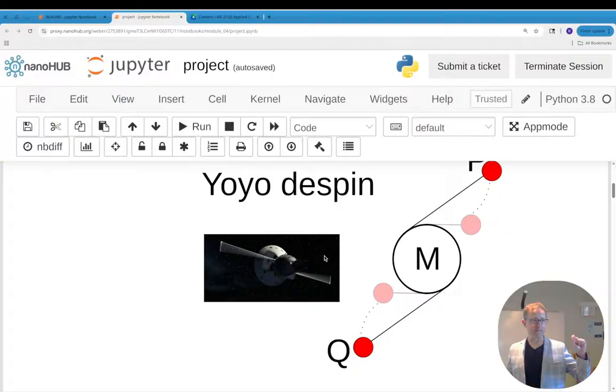Physically, what's happening is once the yo-yos start acting and the cords are increasing in length, unspooling, there's nothing slowing them down. If you were moving at 100 hertz, 100 rotations per second, they continue moving at 100 cycles per second around your spacecraft, and the tension is not slowing that down at all.